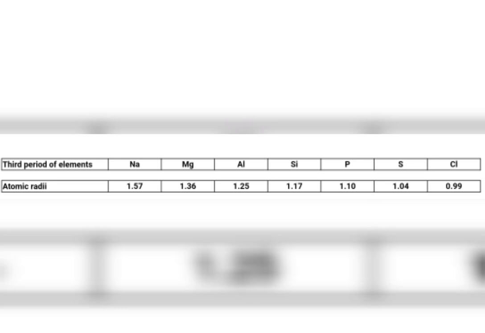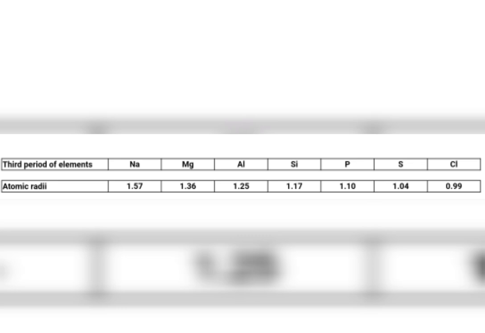Sodium, magnesium, aluminum, silicon, phosphorus, sulfur, chlorine and argon.